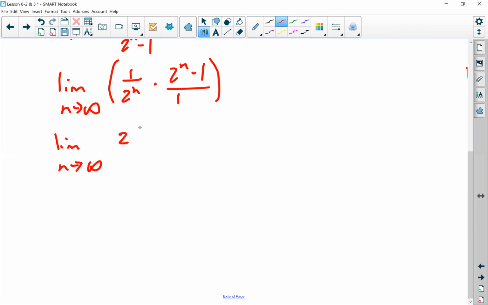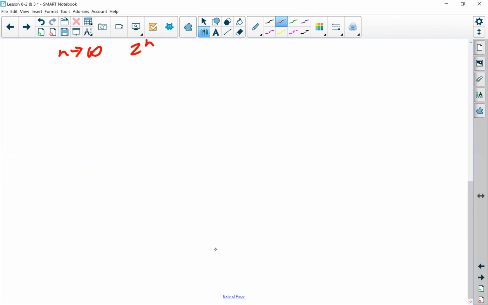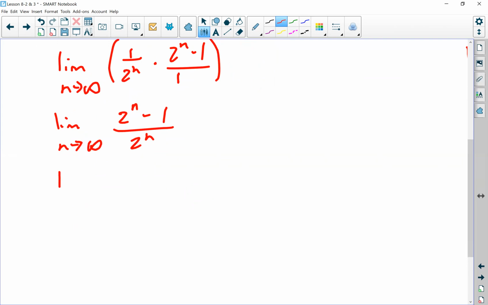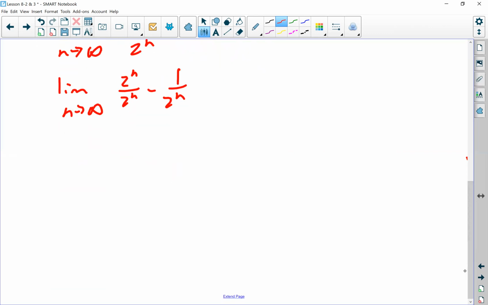So I would have 2 to the n minus 1 over 2 to the n, which would be the limit as n approaches infinity of 2 to the n over 2 to the n minus 1 over 2 to the n. Well, I have something divided by itself, that's 1. As n goes to infinity, 1 over 2 to the n goes to 0.